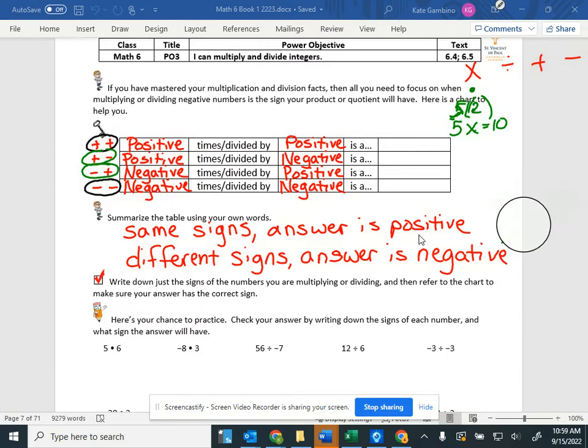When we divide, we can write division in different ways. We could use this division symbol. We can use that division symbol. We can use our fraction bar. 8 divided by 4.